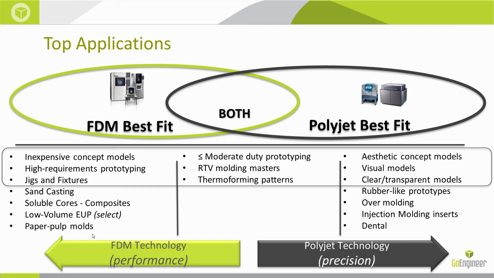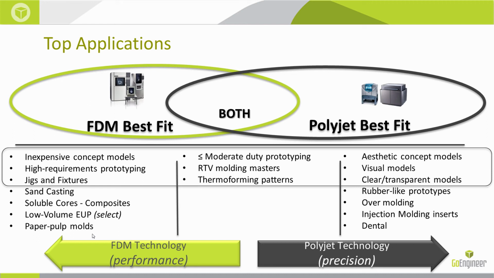Hopping over to the PolyJet side, we talked about the idea of using Objet or PolyJet to print aesthetic concept models, marketing materials, really parts that need to look good when you hold them if you're going to have them in the hands of customers or in the hands of investors. There's some unique characteristics that we can only get on the PolyJet side, which is really important to know when you're talking about applications.